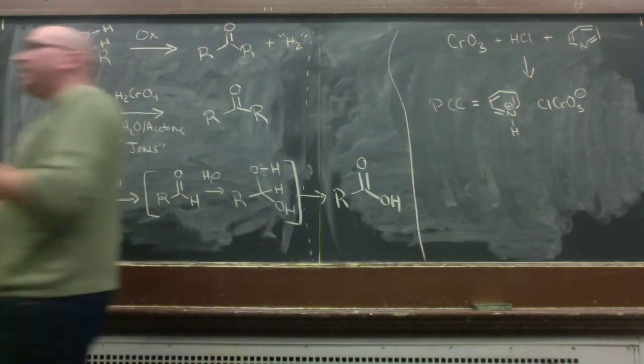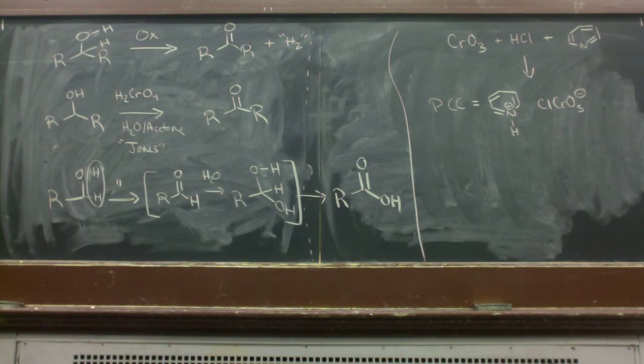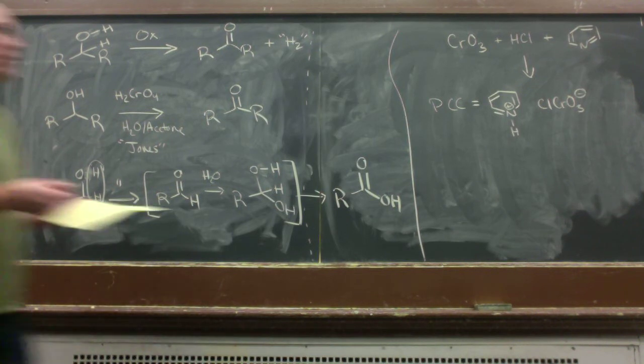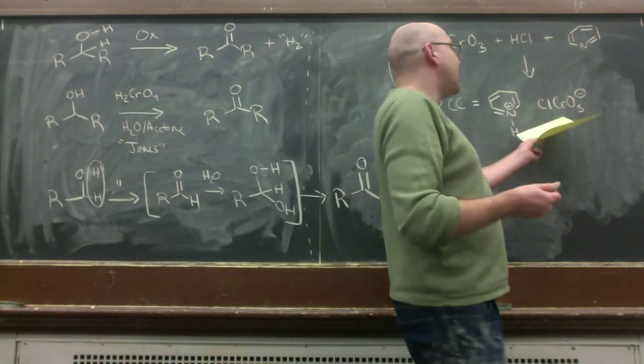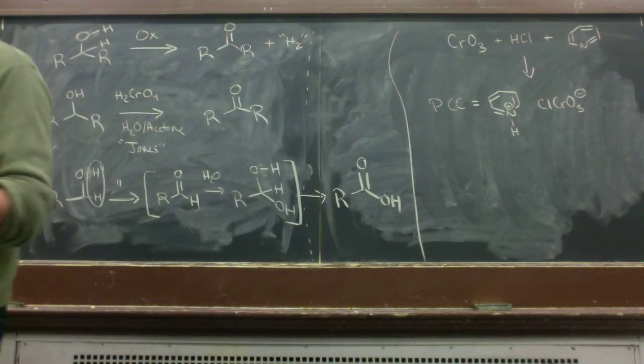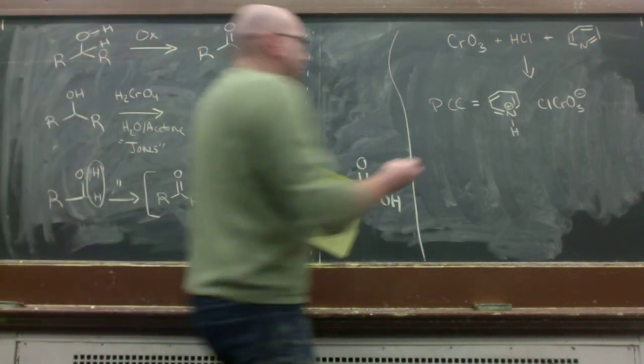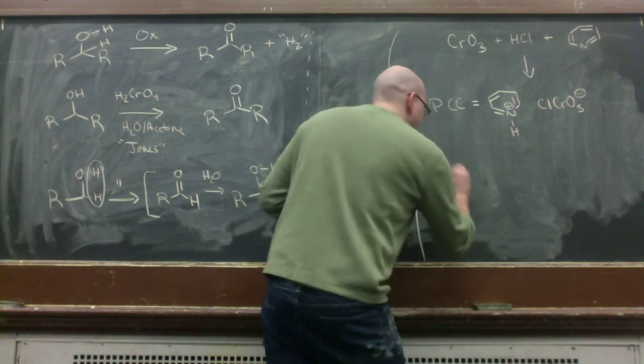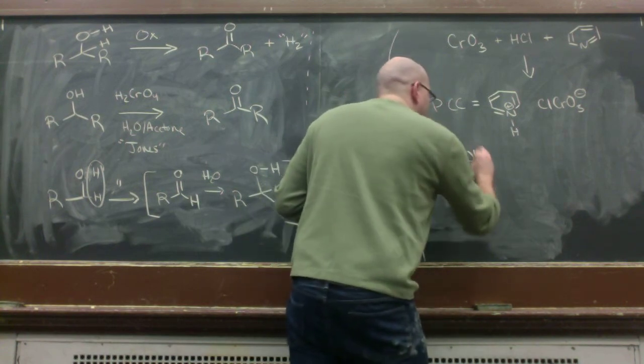And what PCC is, formally, is an organic soluble, high oxidation state chromate species. What this allows you to do is run this reaction in dichloromethane. This means that you can basically use PCC on primary alcohols.